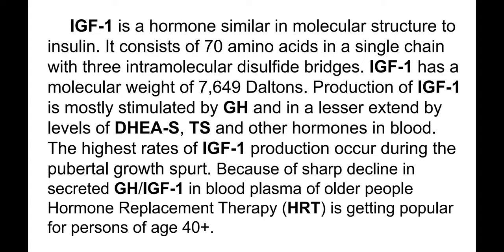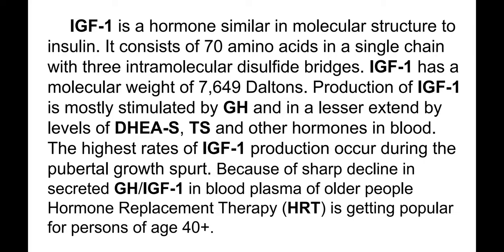It consists of only 70, not 191, but 70 amino acids in a single chain with 3 intramolecular disulfide bridges. Insulin-like growth factor 1 has a molecular weight of 7,649 Dalton.